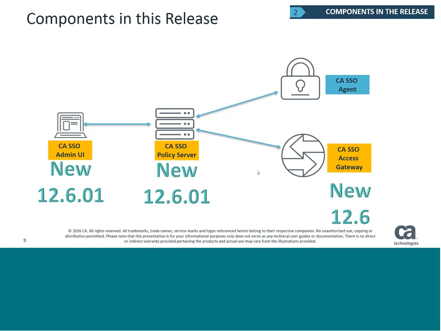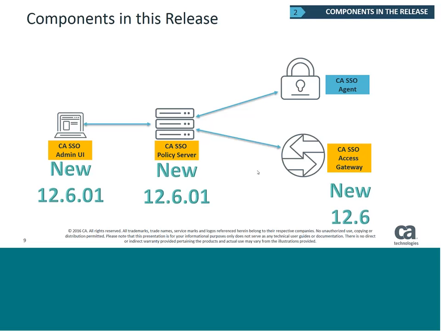The reason for that is we released an early access version of 12.6 on the admin UI and the policy server in September, and we made a modification to the performance of administration in relationship to federated configurations that are in the policy store. And when we made that modification, we essentially built a service pack, 12.6.01, and released that at the same time we released the access gateway.